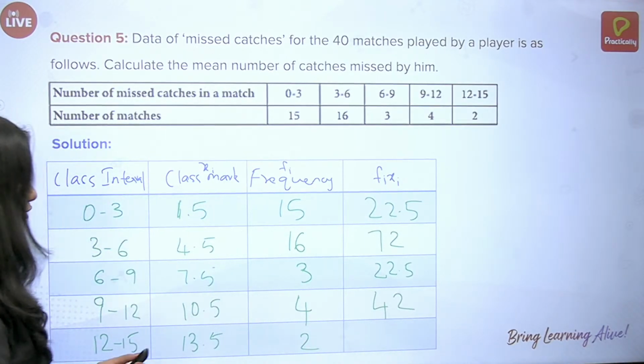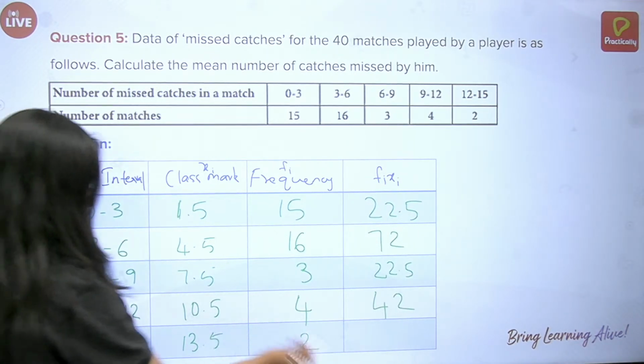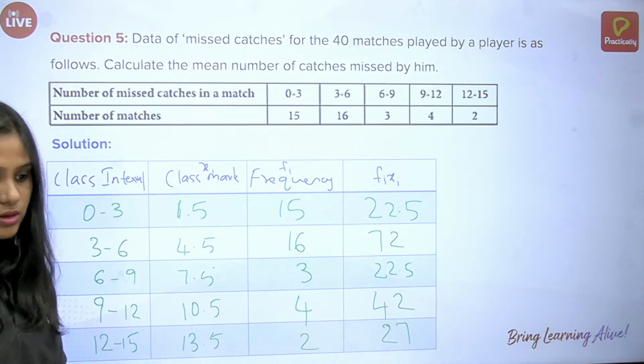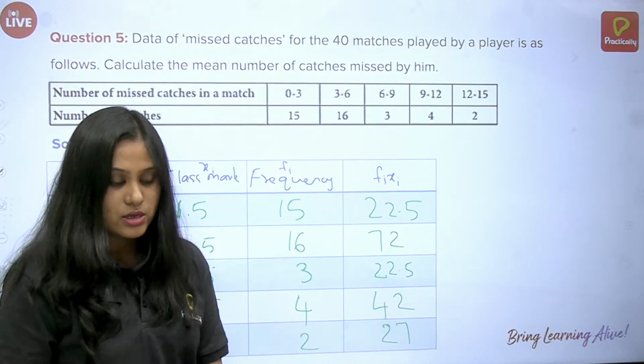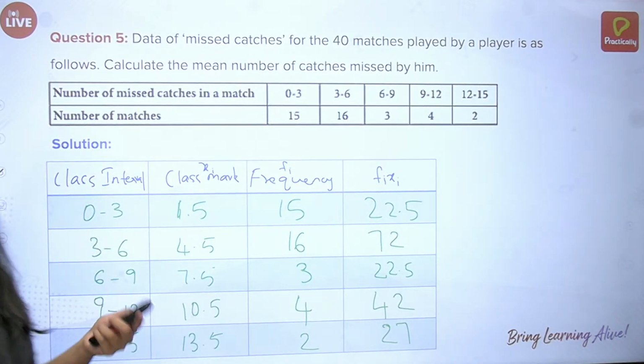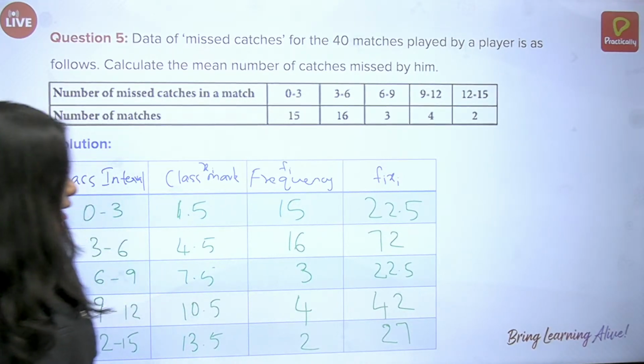Because I am getting very different answers. And this is 13.5 into 2, 13 twos are 26, 26 plus 1, 27. Okay. Alright. So, I am getting very different answers in the comments. Okay, Sairam says yes. Okay.